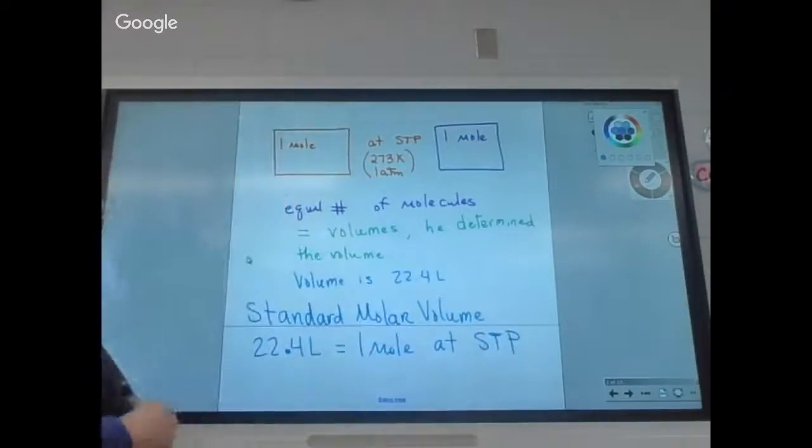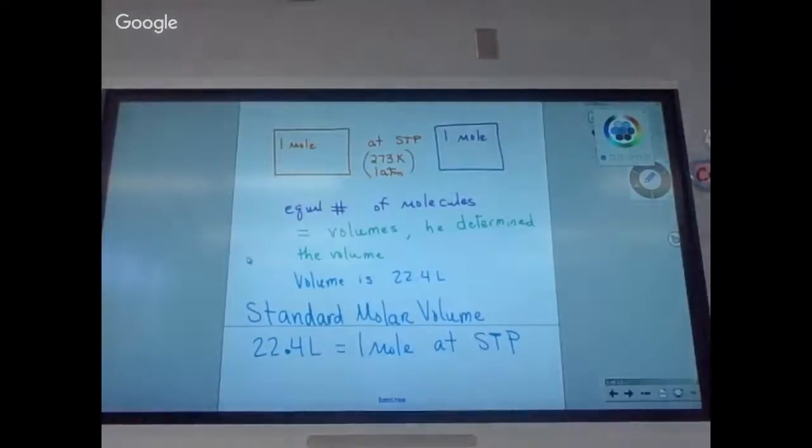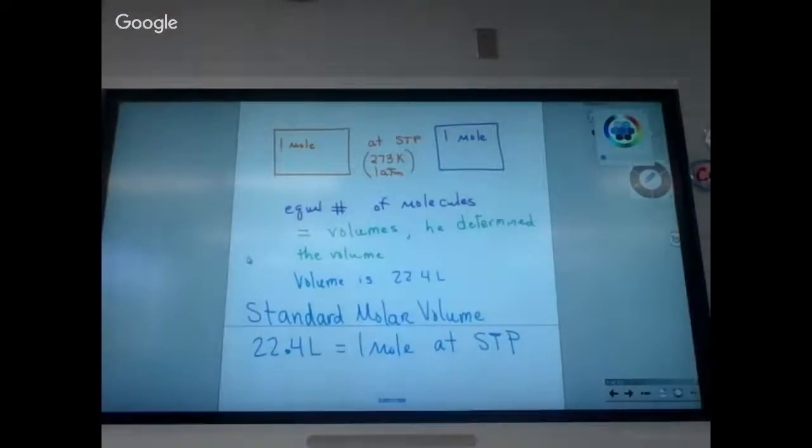Now, that's all well and good, but how often are we going to have exactly 1 mole? Very rarely. Now, we could often be at STP, but we're rarely going to be at 1 mole. So that's sort of a special case that Avogadro figured out. So we want to be able to apply Avogadro's in some problems. So we're going to look at a problem.